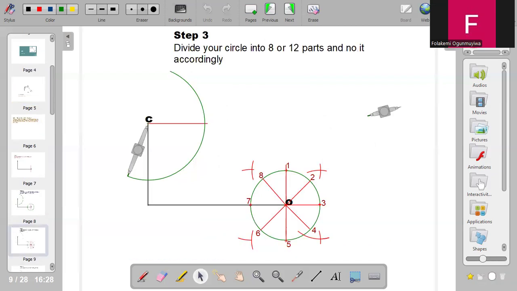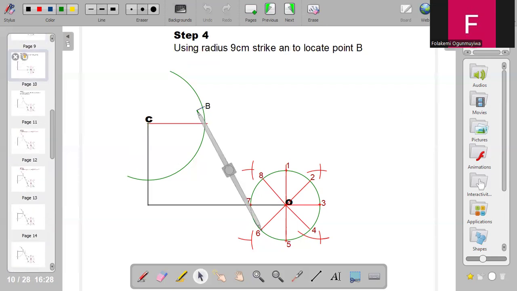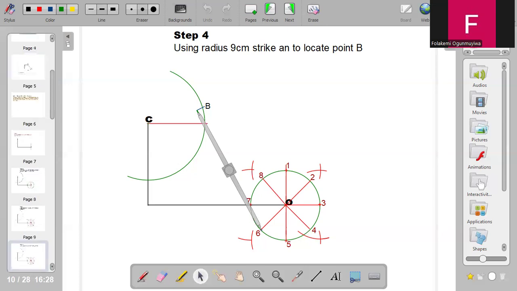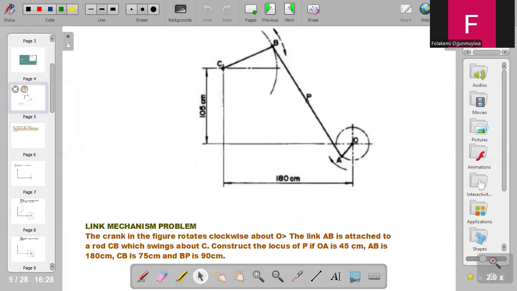All you need to do, you can use your ruler, you can use your compass, take a radius of 9 centimeters on your compass, center at 6. I'm starting at 6 because when you look at the initial drawing, one thing about link mechanism problem is that the first diagram given to you is the number 1 solution.